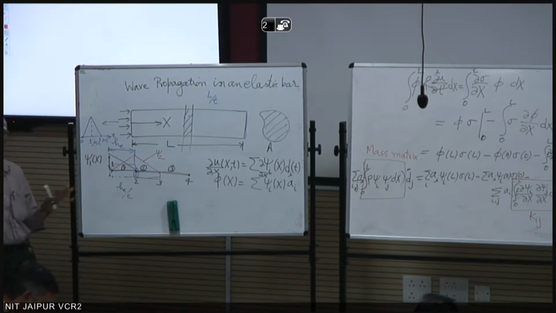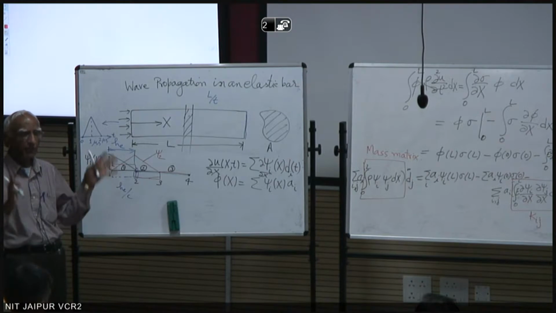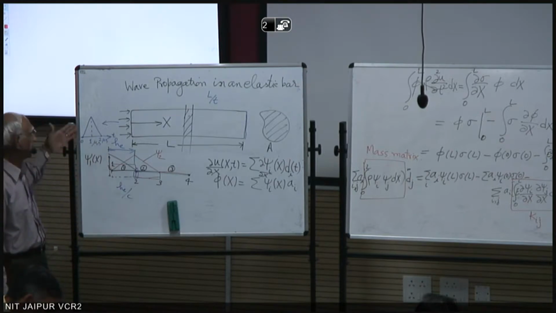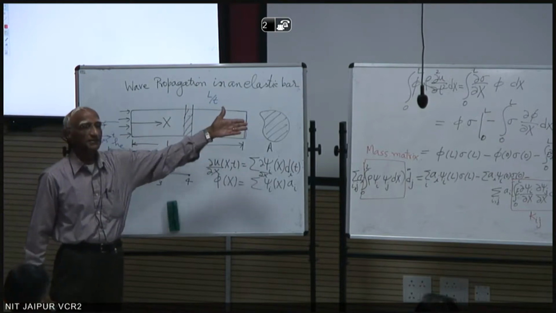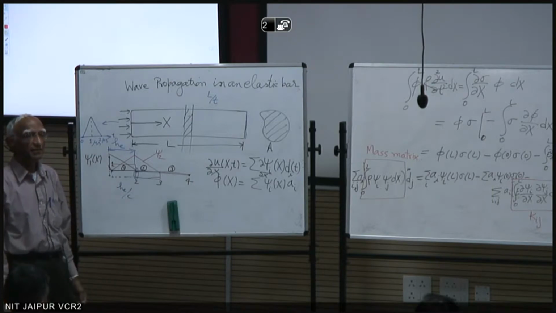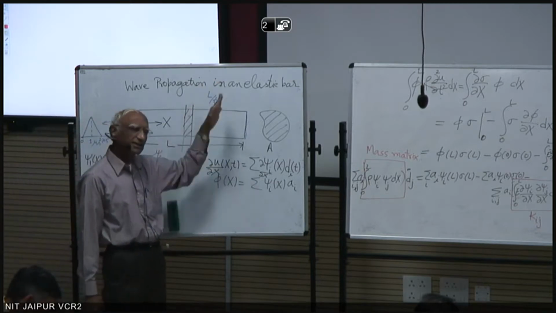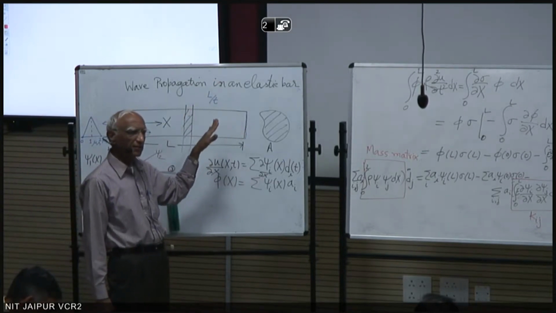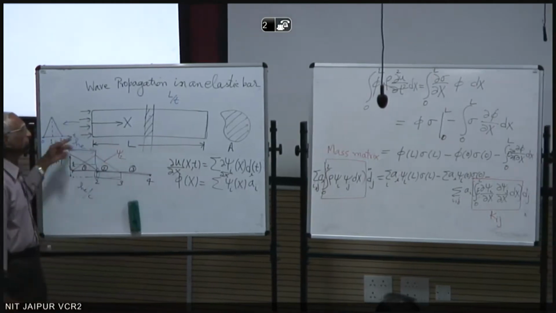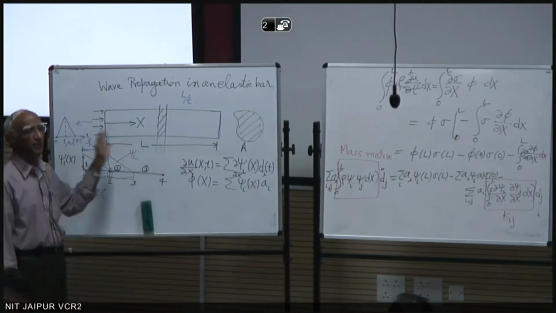If our code gives the correct solution, this triangle should propagate from left to right, and it should get reflected back, depending upon the boundary conditions here, whether it's fixed or free, and then it should keep on propagating forever.